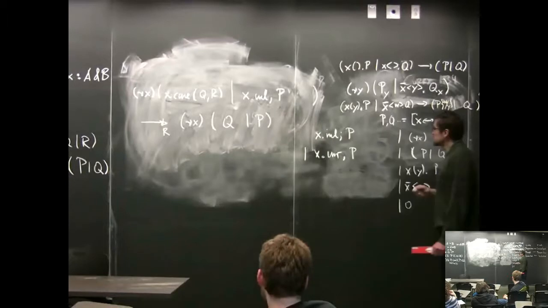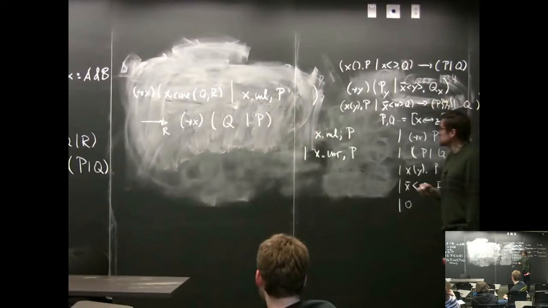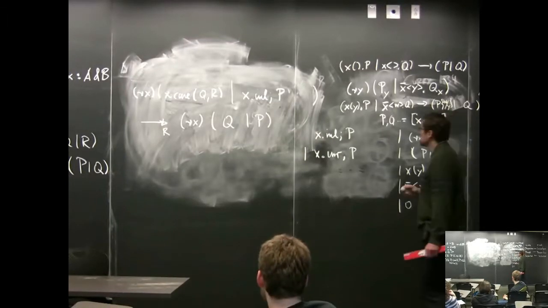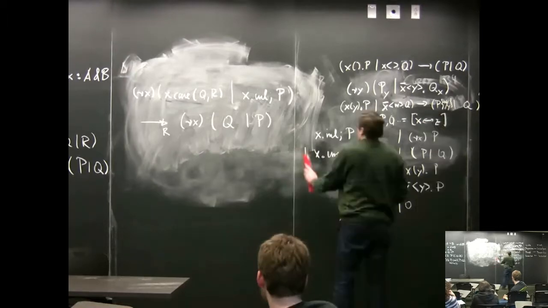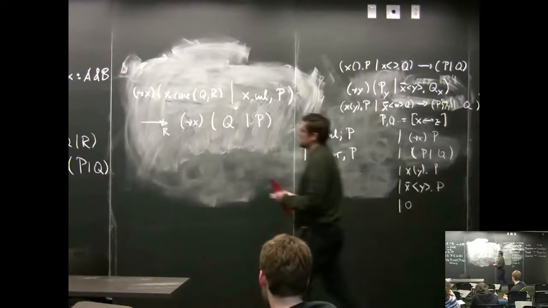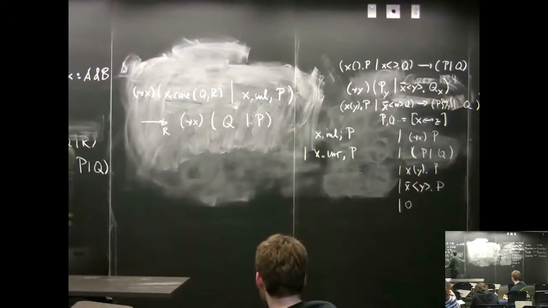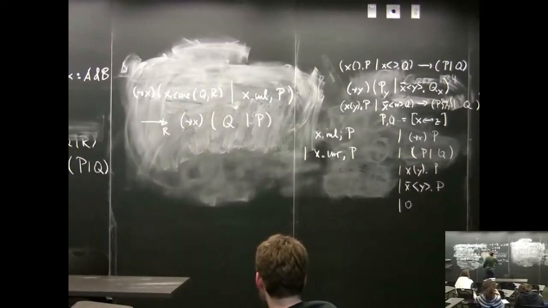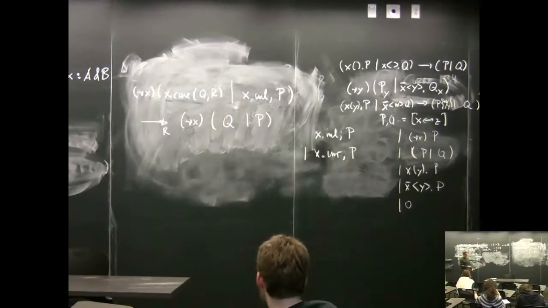Now, is that actually the same reduction as happens in the sequent calculus? Let's put it here, because we want to check that the reduction corresponds to the way proofs are reduced in sequent calculus.